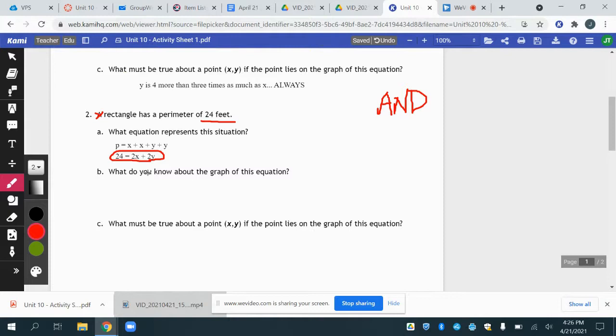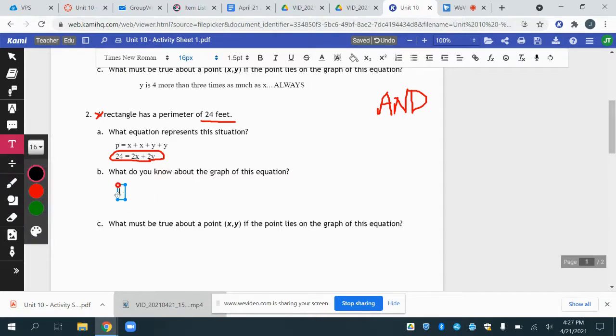Okay, so what do you know about the graph of this equation? Well, let's see. It's a graph in standard form. Linear, it's linear. Standard form. X-intercept, or y-intercept, I guess, is going to be, well, that's when x equals 0, it's going to be 12.